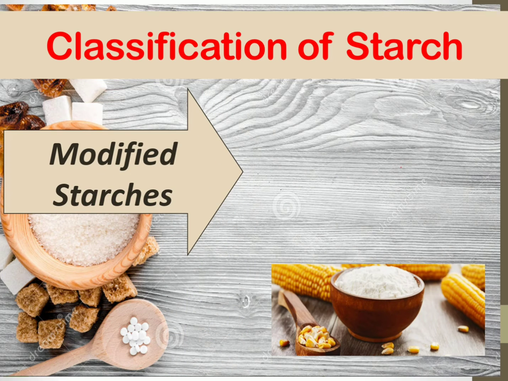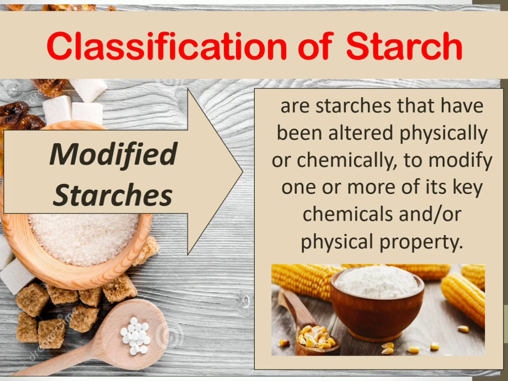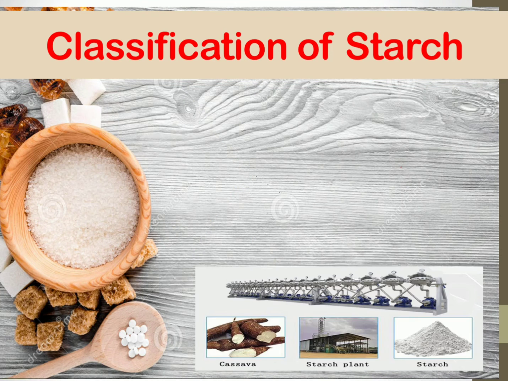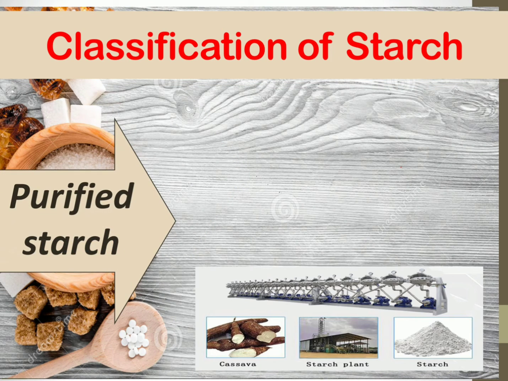The next classification is modified starches. These are starches that have been altered physically or chemically to modify one or more of their key chemical or physical properties. The last classification is purified starch.